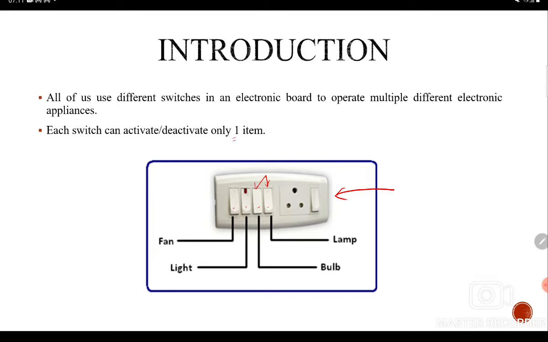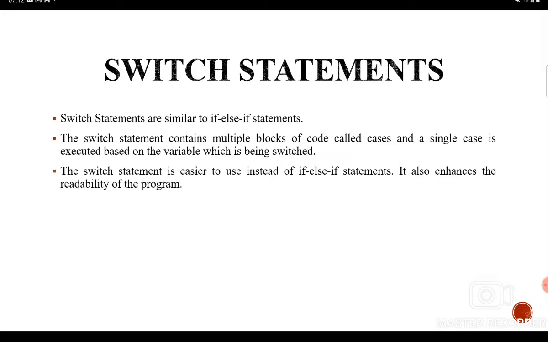So for one switch, there is no such provision that we can switch on the light and the fan both at the same time using the same switch. We have to use two different switches definitely, but we will be able to control those appliances using these switches. So the switch statement that we will be talking about is also similar to these particular switches that we use in our day-to-day lives.